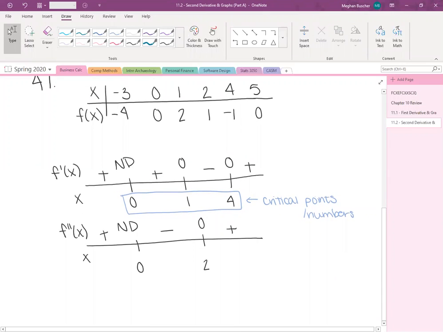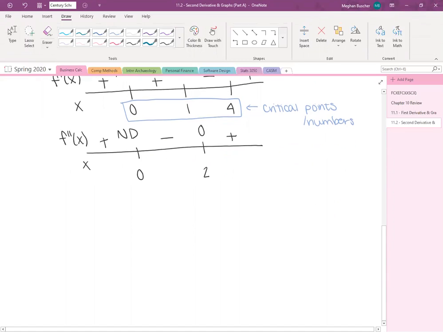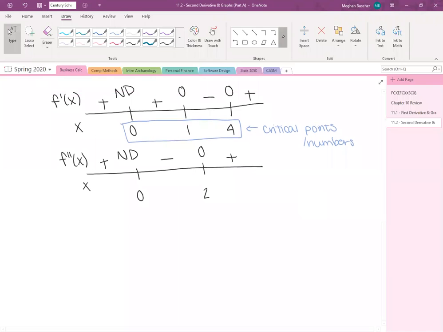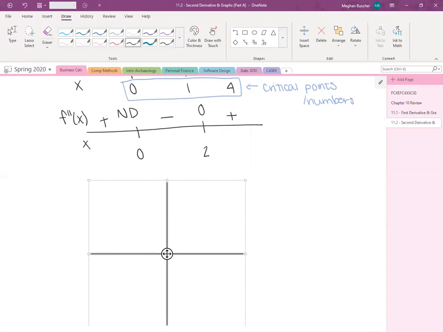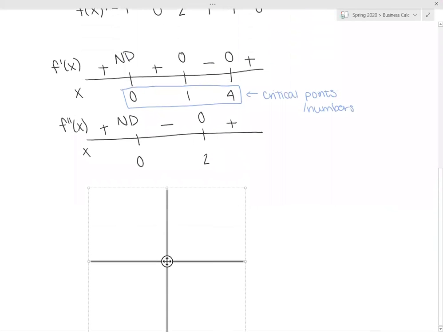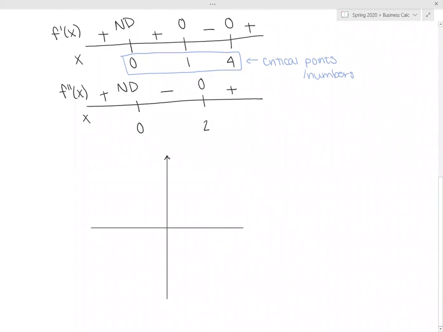Okay. So let's just start off with plotting our points here. Okay, so we're gonna go down here, have my axes. Arrows are not important, but I like them.